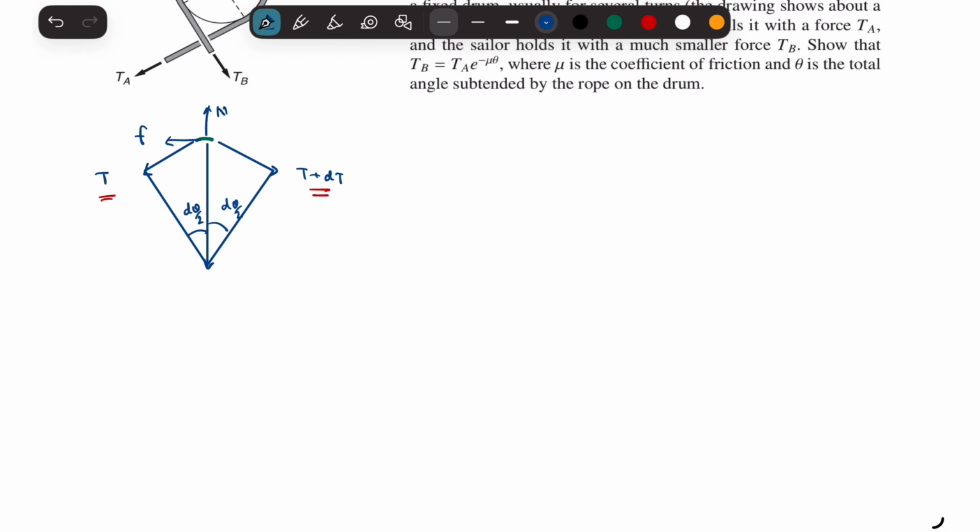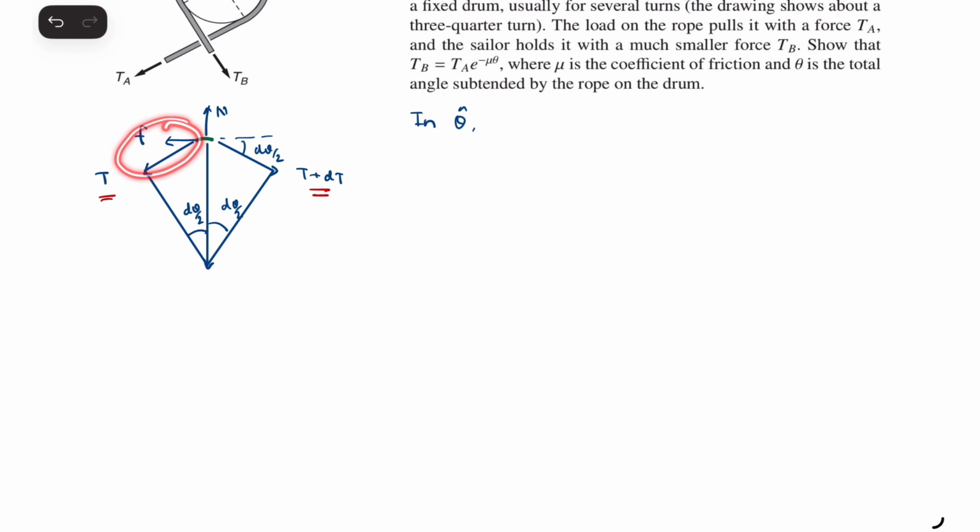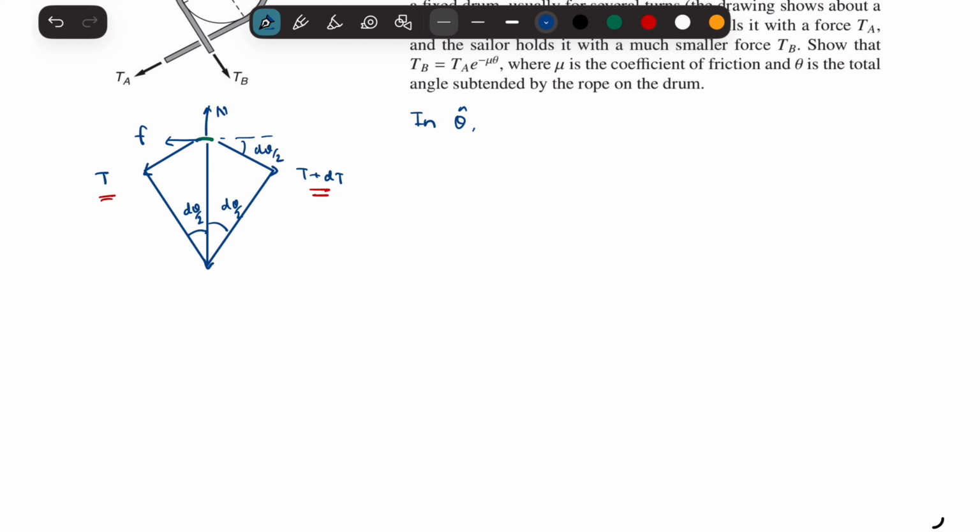Great. So now let's balance the force. In the theta direction, this will be d theta by 2, and again here it will also be on this side, this also d theta by 2. So (T plus dT) cos d theta by 2 minus friction minus T cos d theta by 2 equals 0.